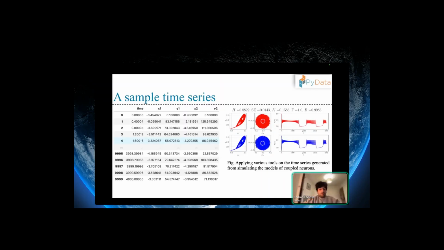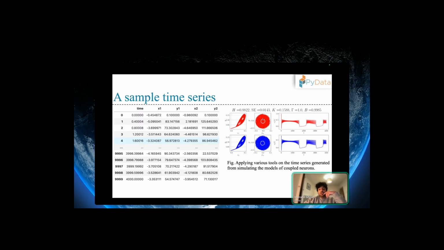So now, time series. That's the main topic of today's talk. When you run these simulations, you will see a time column, which is the timestamp, and then the voltage of the first neuron, that's x1. So it's a time series, and then the recovery variable of the first neuron, and similarly the voltage and the recovery variable of the second neuron.